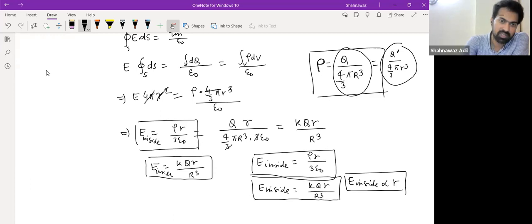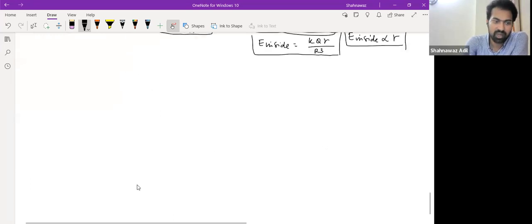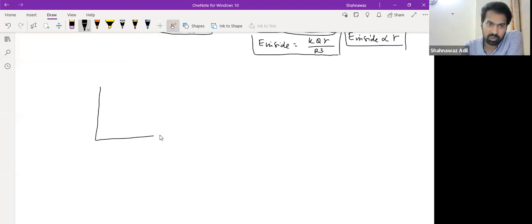You will see that in the final result, E inside varies proportional to r. So what would be the graph up to this point? E varies as r inside.